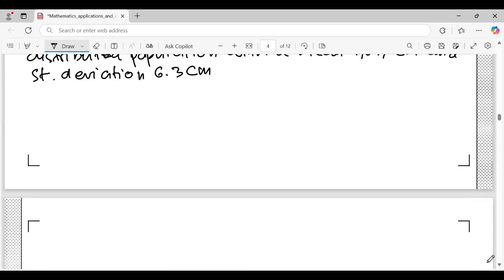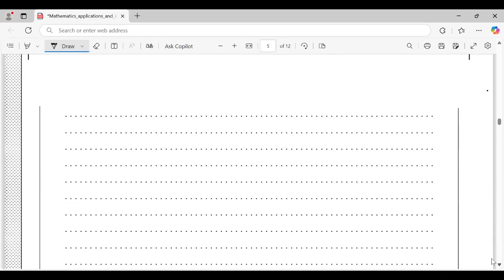Okay, I'm going to write here. F. So, the null hypothesis is the mean height of Latvian women is equal to the mean height of the Dutch women.